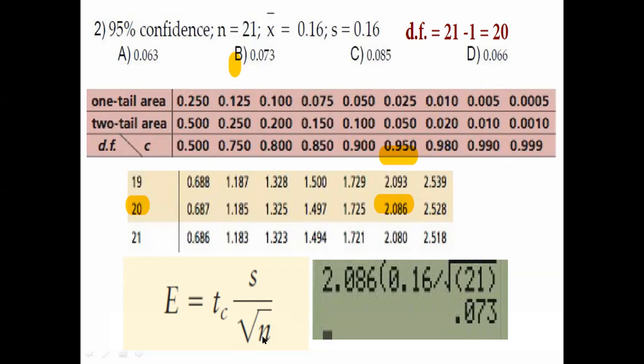Divided by the square root of n. Now, n was given to you as 21. The only difference is that you had to find this t-score, and you needed to take 1 from n and match it up with the confidence level, in this case 95%. And there it is. The calculator gives you 0.073, spot on to what's given here.